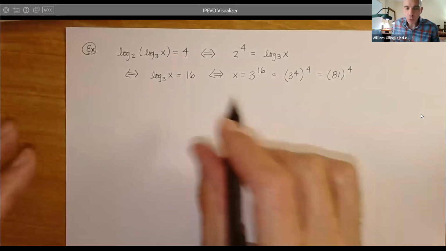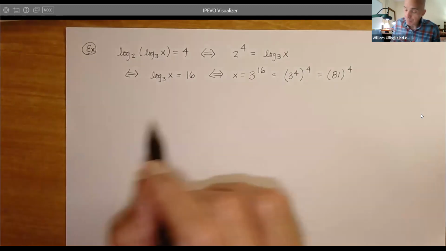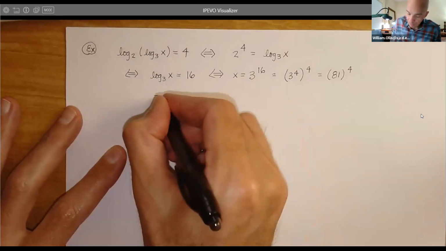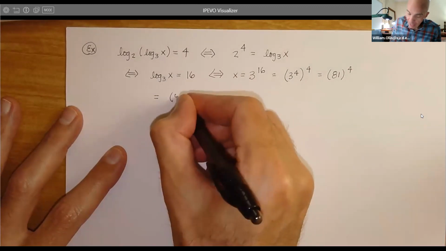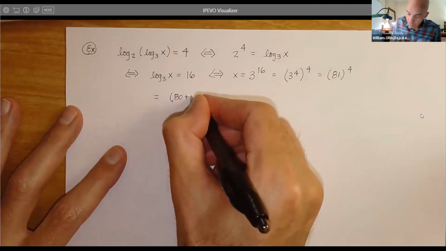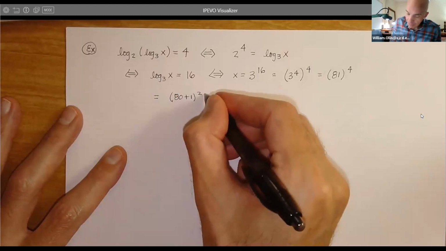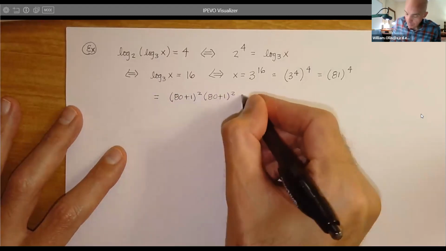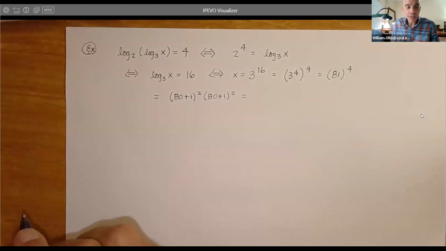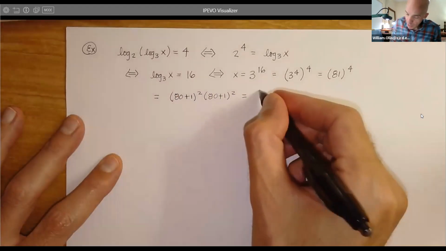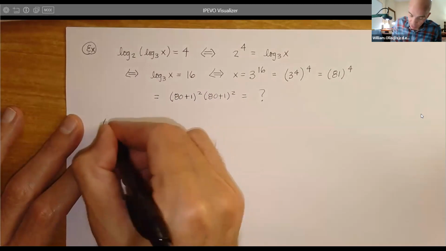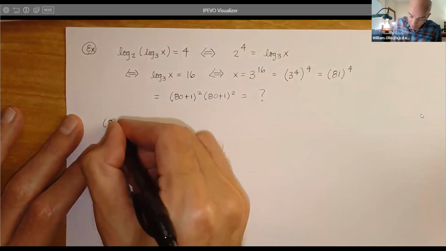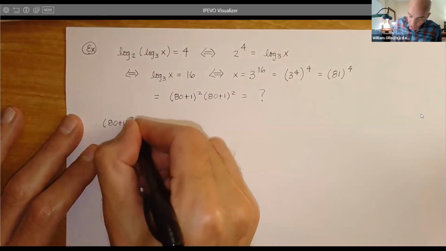So for instance, if you wanted to do this, you could say this would equal 80 plus 1 squared times 80 plus 1 squared. Now I did some calculations here, so let's do some side calculations. 80 plus 1 squared, that's just the binomial.